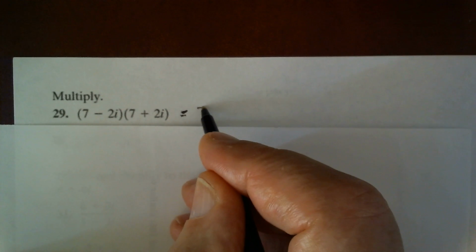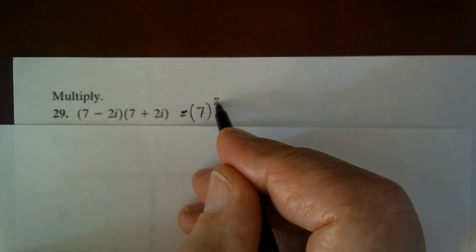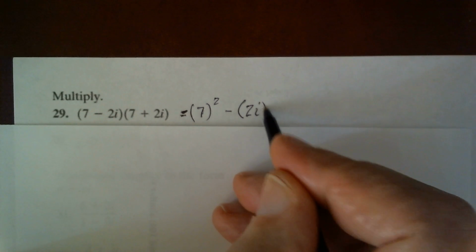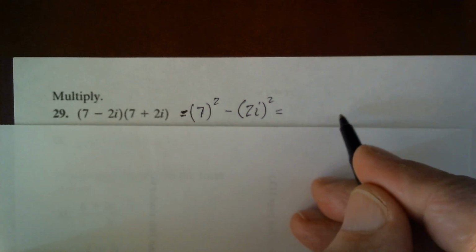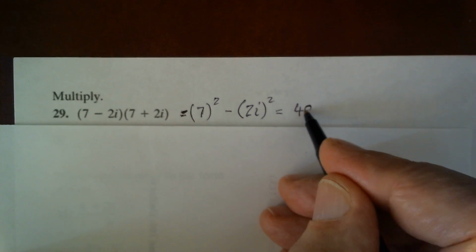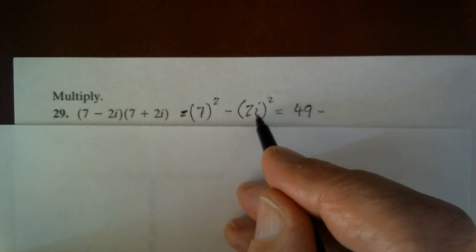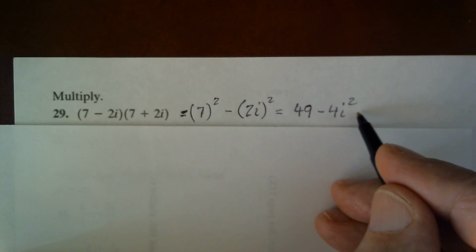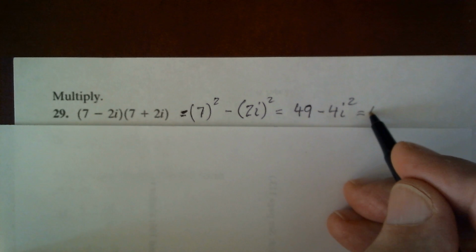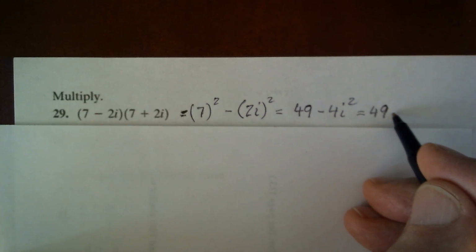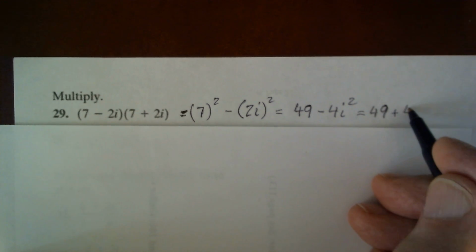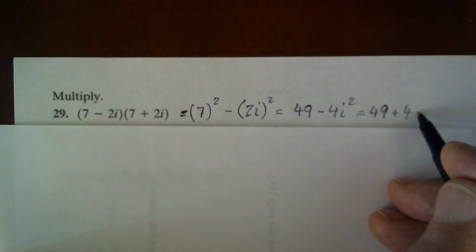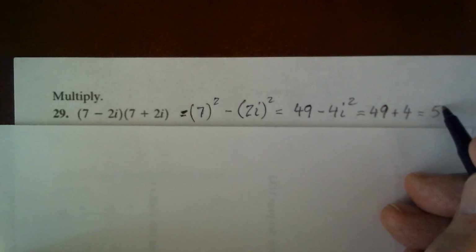So this is equal to 7 squared minus 2i squared, which of course is 49, minus, and 2i squared is 4i squared, but i squared is equal to minus 1, so we have 49 plus 4. Since i squared is minus 1 times minus 4 is positive 4, so the answer is 53.